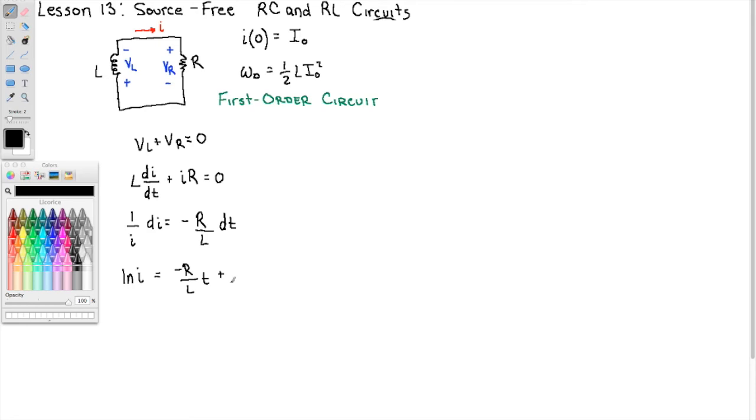So we'll write the constant of integration as the natural log of A. So this is a constant. If A is a constant, then the natural log of A is a constant. So let's subtract over the constant and use a property of natural logs there.